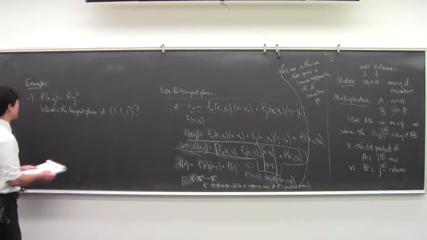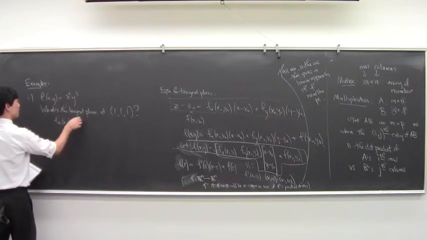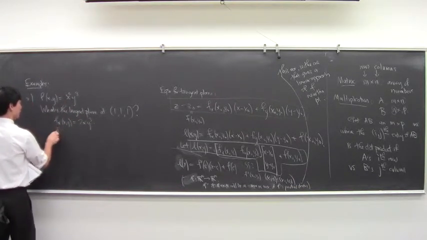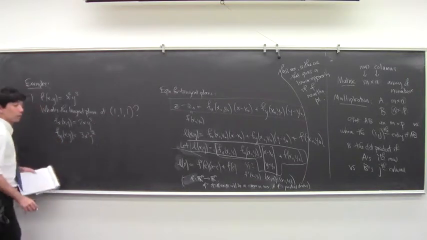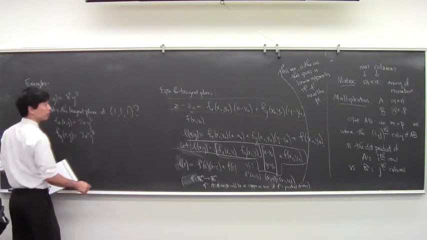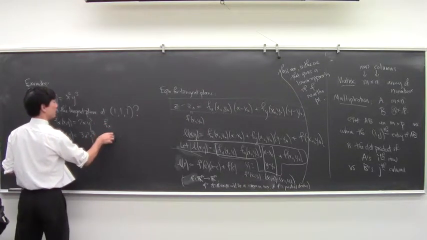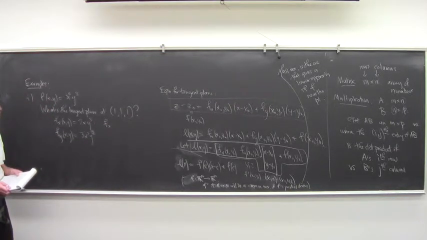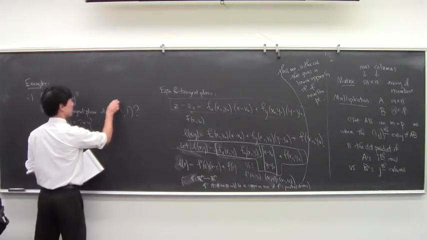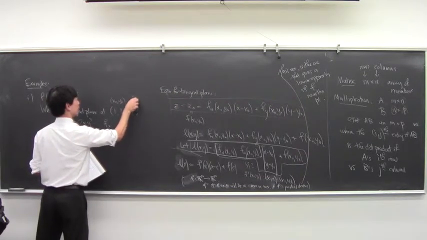Just taking partials, right? So let's take partials. F sub x: take the partial with respect to x, you get 2xy cubed. F sub y, the partial with respect to y, is 3x squared y squared. We evaluate those at 1, 1, the first two, because this is your x naught, y naught, and the z is of course f of 1, 1.